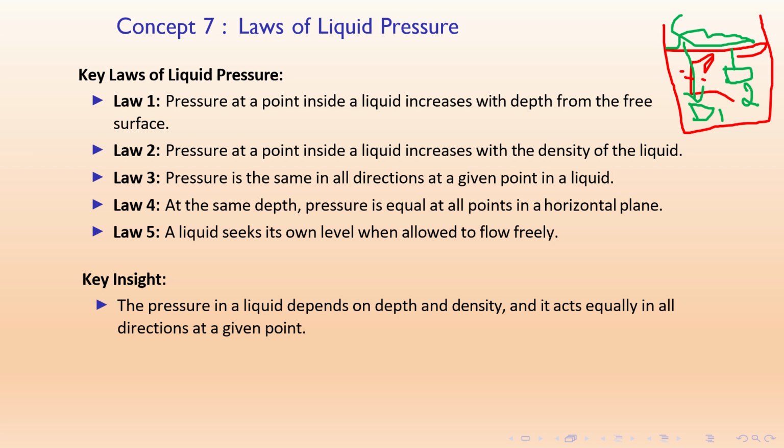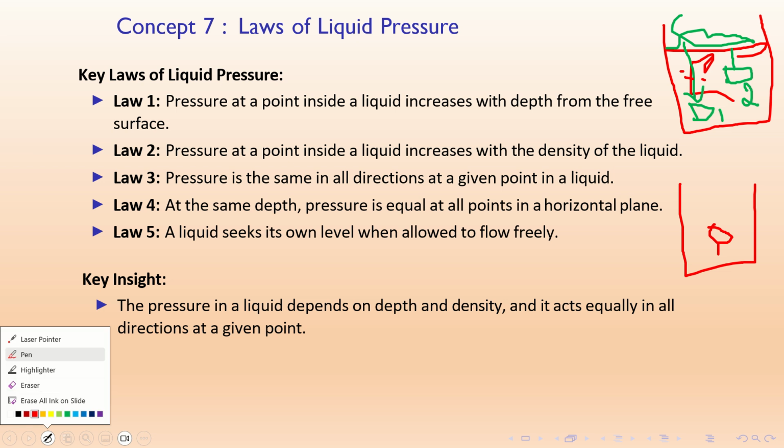Third, pressure is the same in all directions at a given point in the liquid. If you take an object at this point, the pressure will be the same in all directions, whether acting upward or downward, in any direction.